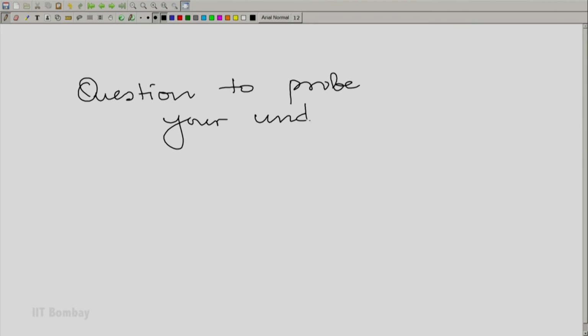Now, when doing this exercise, I recommend that you also answer the following question, which I am now going to put down as the second slightly probing question. So, question to probe your understanding. Again, use the train platform analogy.